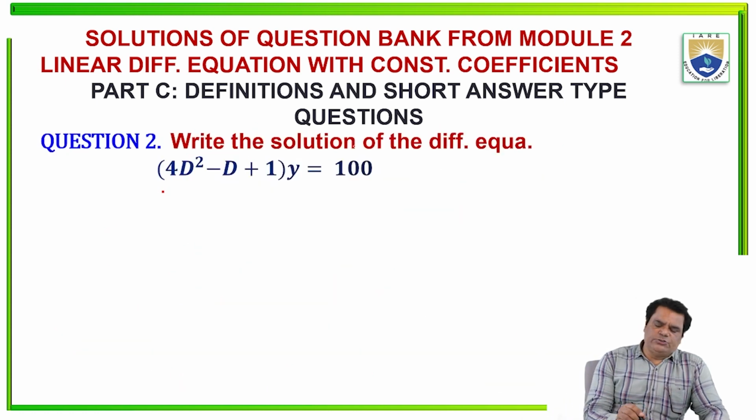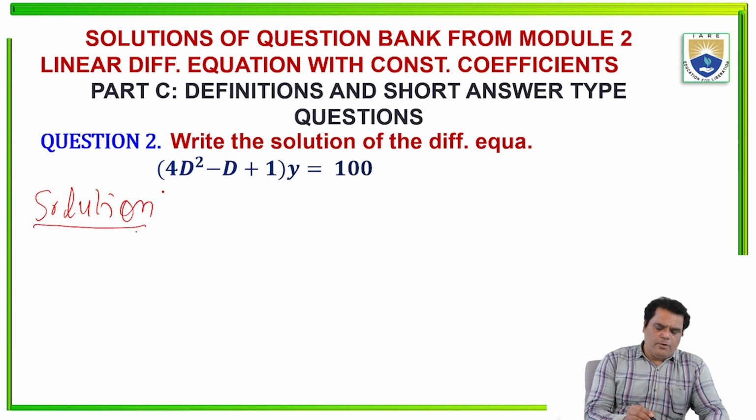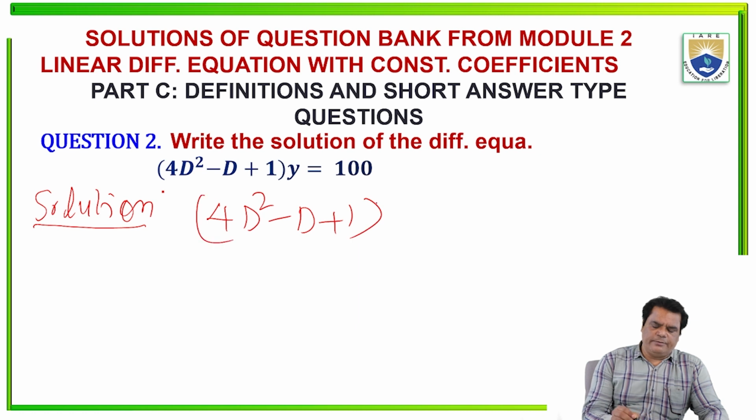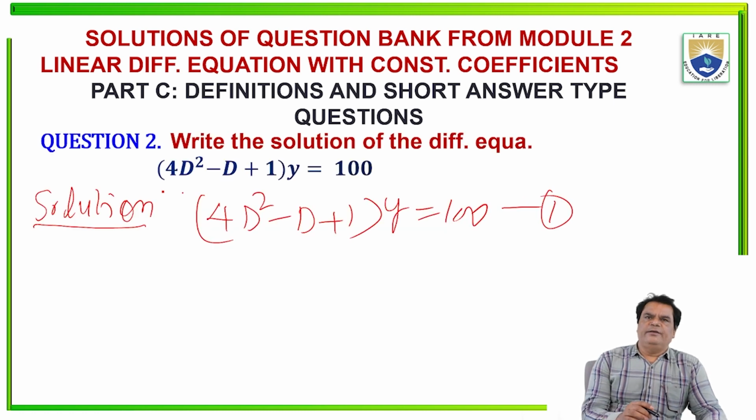Next, write the solution of the differential equation (4D square minus D plus 1) into y is equal to 100. This is equation 1. This is a differential equation of second order with constant coefficients.